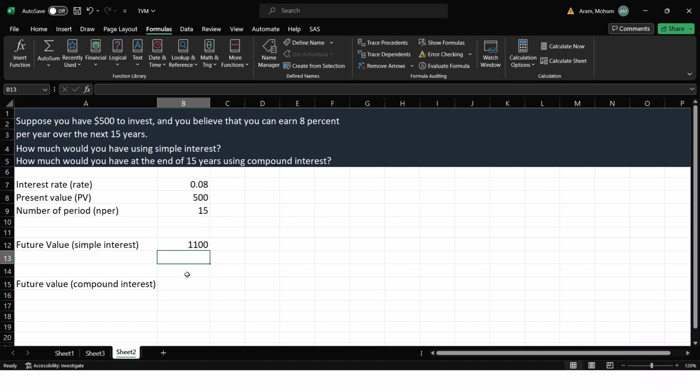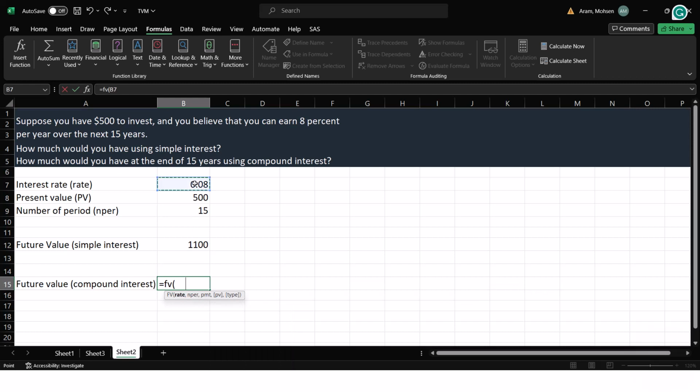You should also get 1,100. And then for the future value, we have 8% for the rate, 15 for the number of periods, no payment, and then the present value would be 500. Actually, it should have been negative, but it's fine. So you're getting 1,586.08 for the future value.